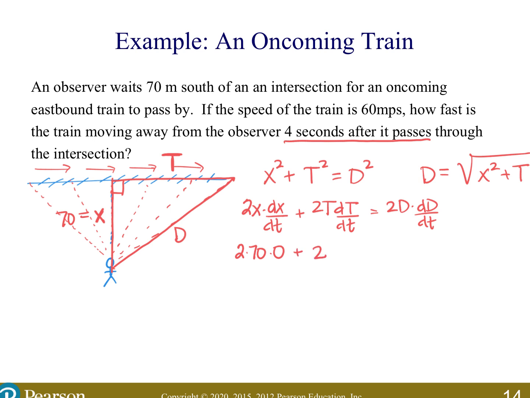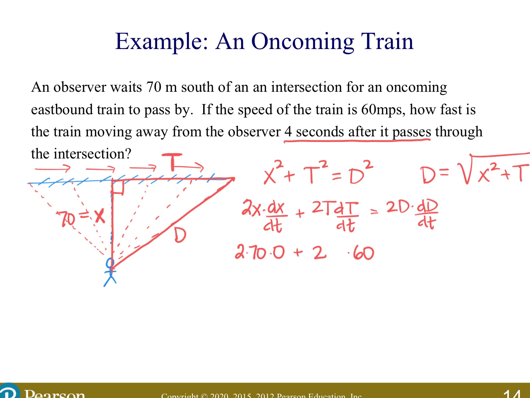Okay, so it's 2 times 70 times 0 plus 2 times t. I need the value of t, the train. Am I given that? Okay, I'm given 60 meters per second, so that's going to be the dT/dt. That's the 60. But what about the value of capital T itself? How much time has gone by? 4.